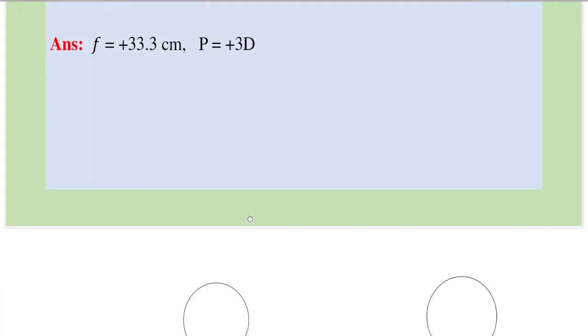So what is given here is that in this case the person can see only from a point n such that the distance of the point n from the human eye is 50 centimeter.